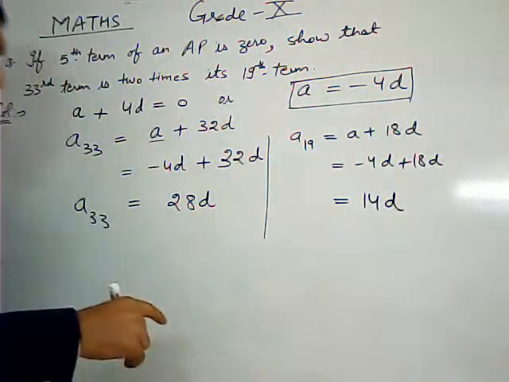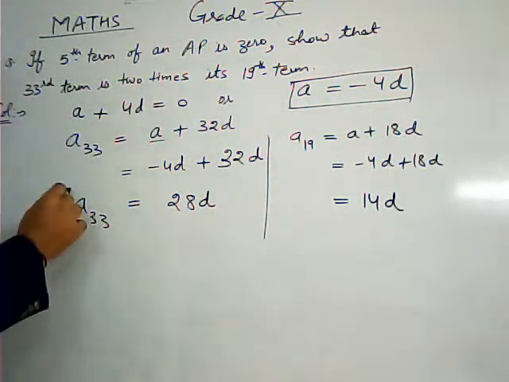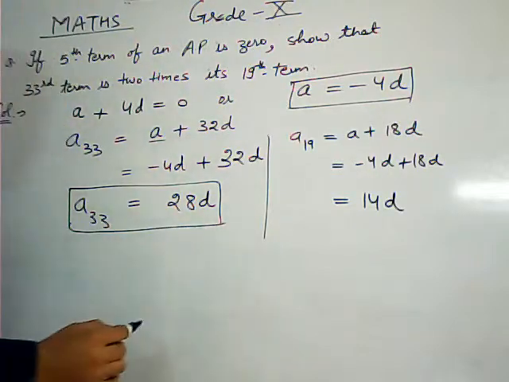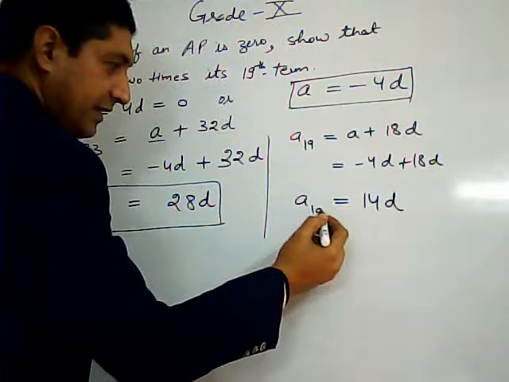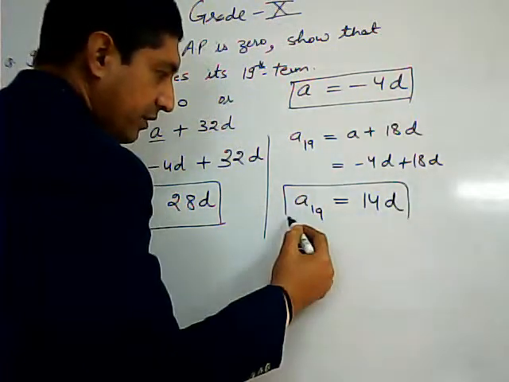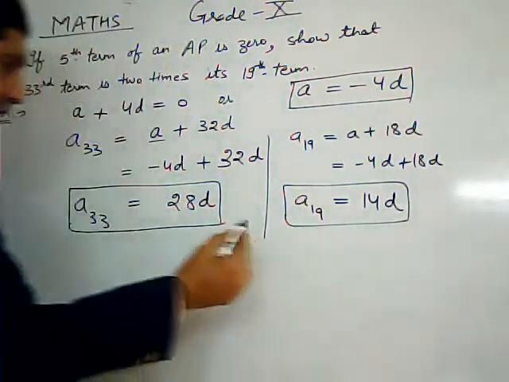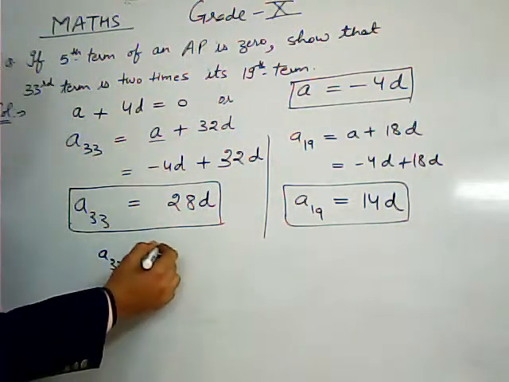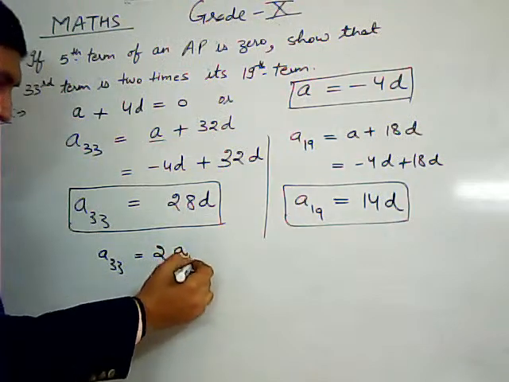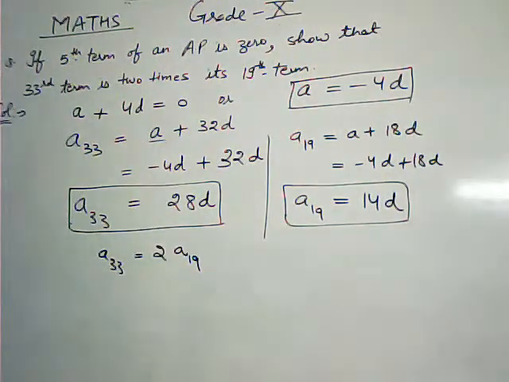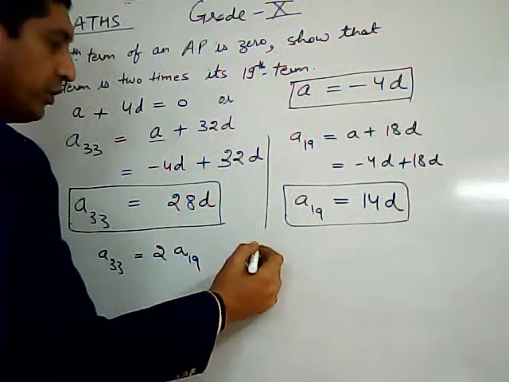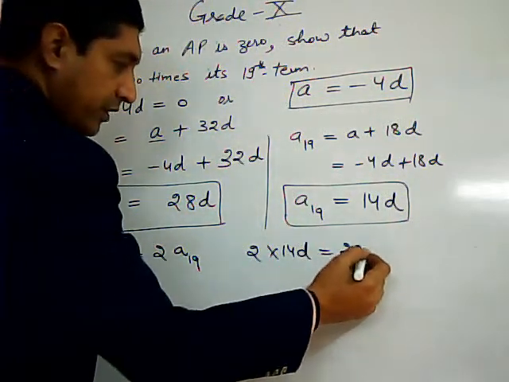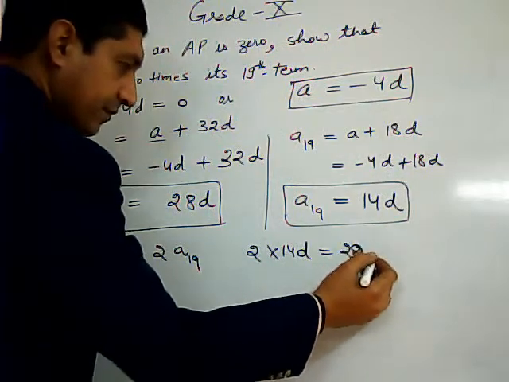So we have the relation here: one is A33, the 33rd term, and the other is the 19th term, and from here we can write that A33 is twice of A19, because 2 into 14D is equal to 28D.